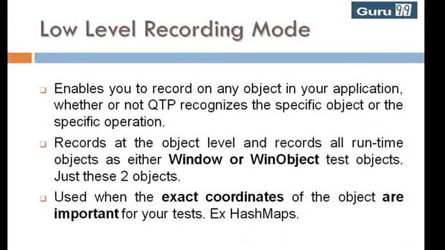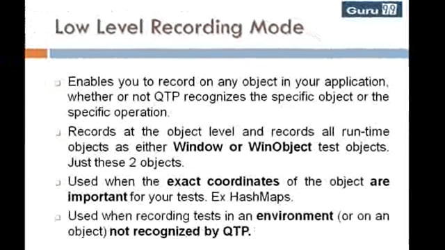It is used when the exact coordinates of the object are important for your test. For example, hash maps, where clicking different sections of a picture takes you to different links. It is also used when recording a test in an environment or on an object not recognized by QTP.